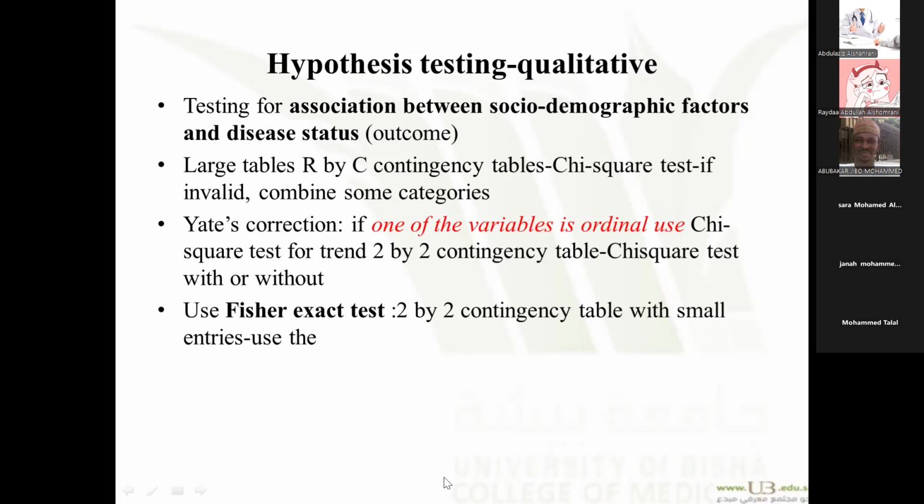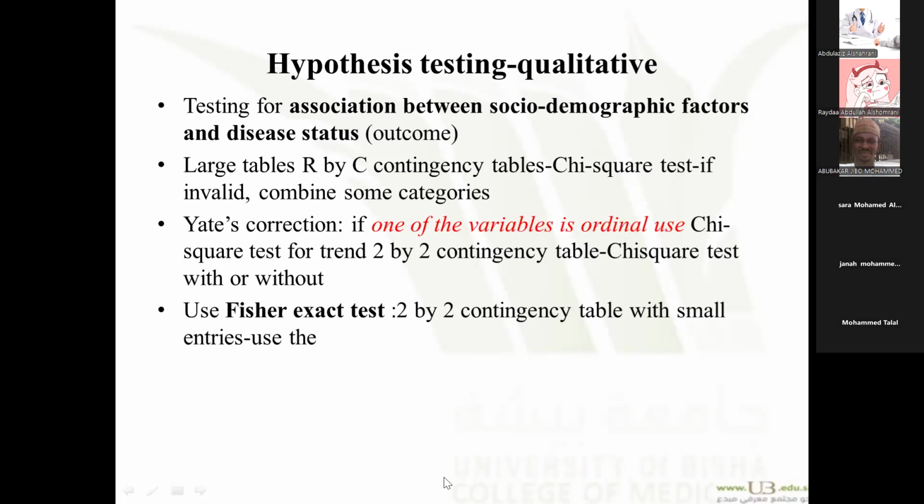Fisher is used when the chi-square criteria are not fulfilled. I'll give you an example. If the expected value from one of the cells is less than 5, in that case, you cannot use chi-square.